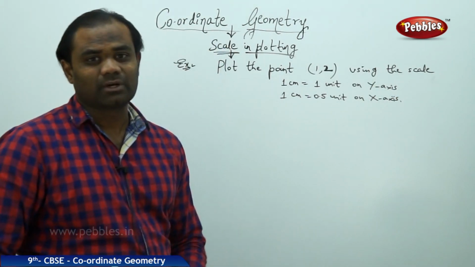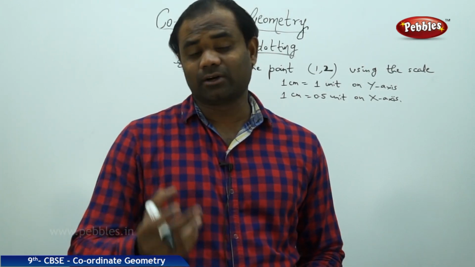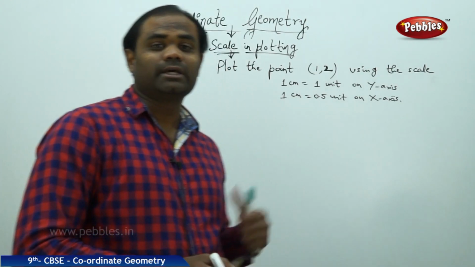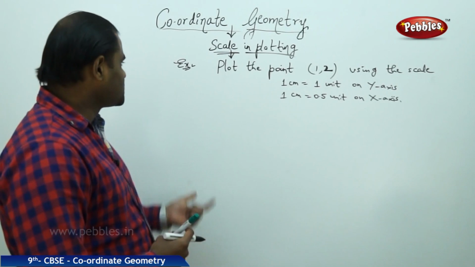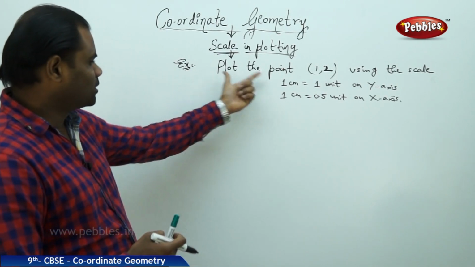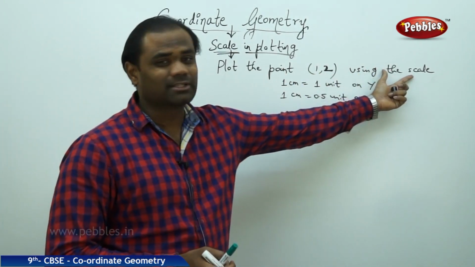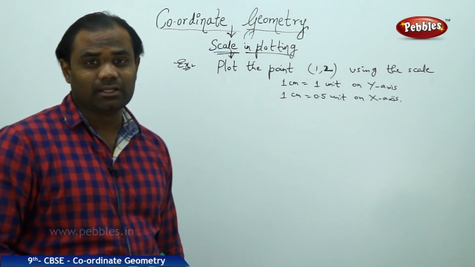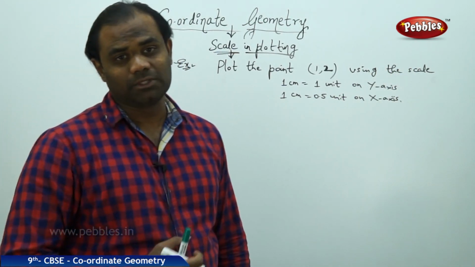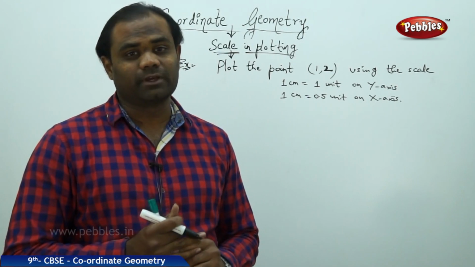Now let's try to understand the scaling concept better using this example problem. The example problem reads clearly, plot the point 1, 2 using the scale. That means the scale is clearly referred to here with suitable distance fixed.